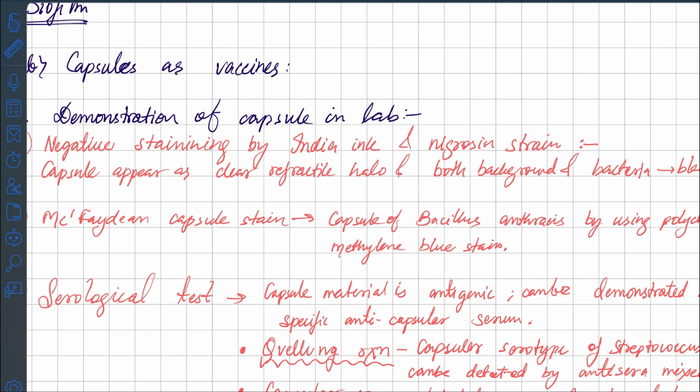Now assume that this shape I made is actually a substance, and you're looking at it under the microscope. When we look through the microscope, a refractile halo is seen. If you change the adjustment, it will appear, disappear, appear, disappear. That kind of appearance this capsule gives.